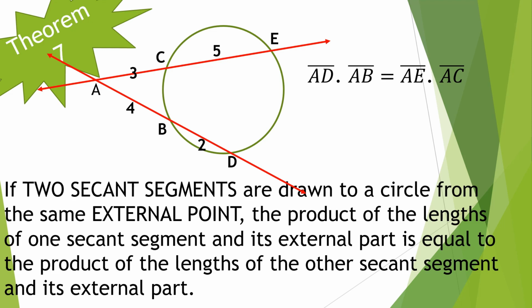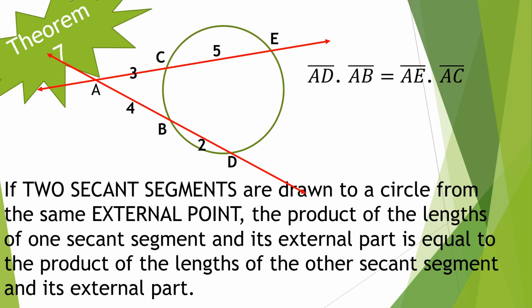So AB is the external part of the secant segment. It is equal to the product of the other secant segment AE and its external part, which is AC. So the formula is line segment AD times the external part, which is AB, is equal to the secant segment AE times the external part AC.